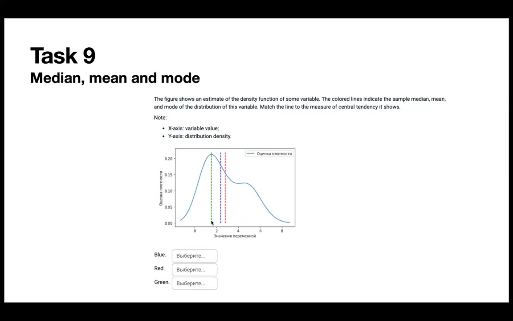So we can say that the mode is here because it's the most popular value and it's somewhere around 2. So we can pick that green is our mode. Then we need to take a look and select which one is the mean and which one is the median.